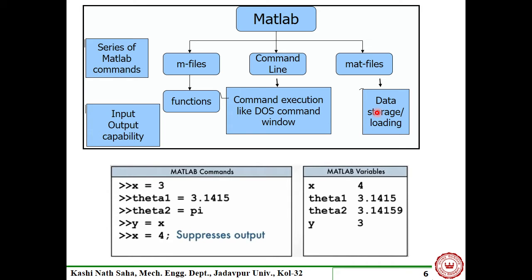Here you see some examples, x, y, etc. What will happen in that case? We have defined some variables x, theta1, theta2. Then we have assigned y equal to x. And so up to this point, what will happen? Right?